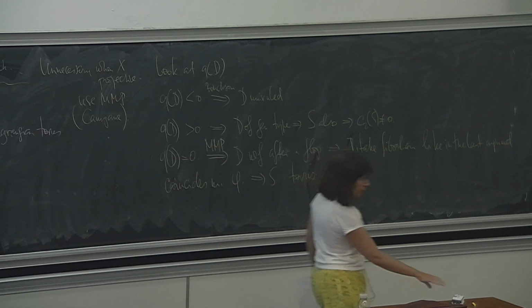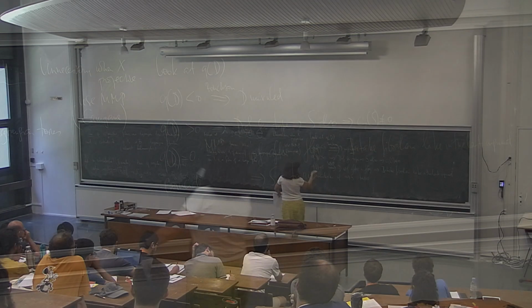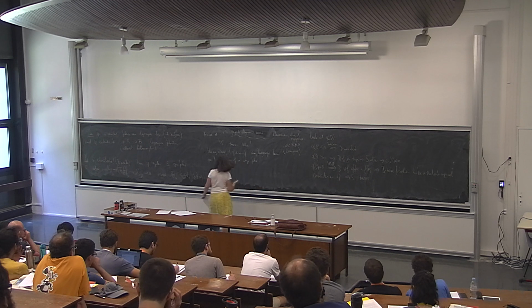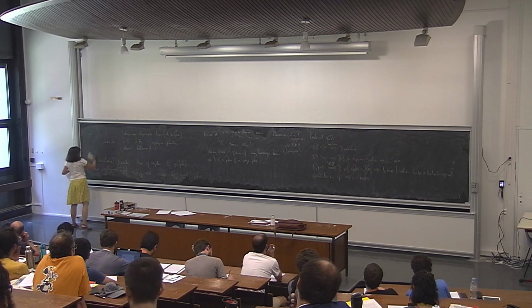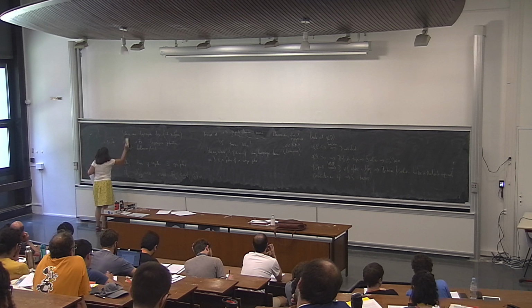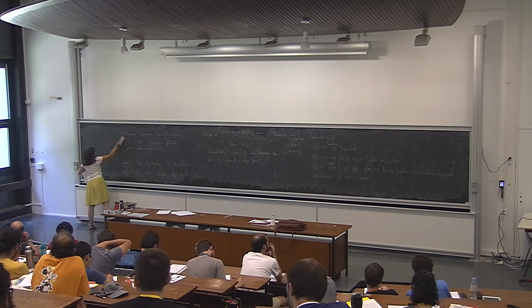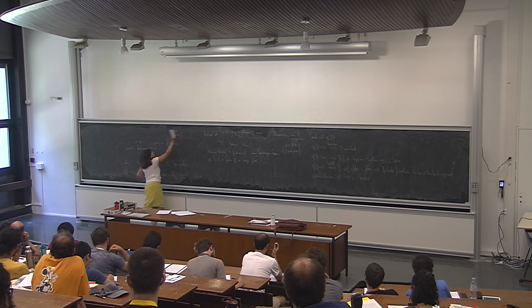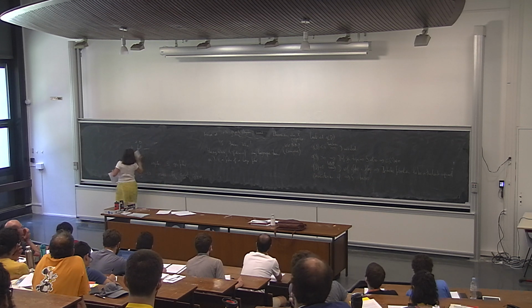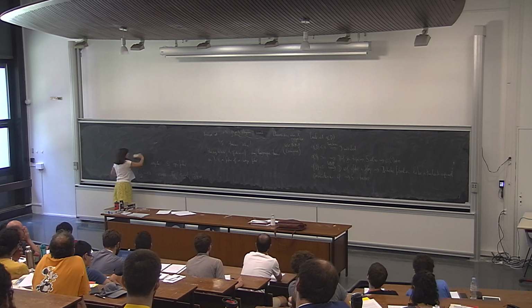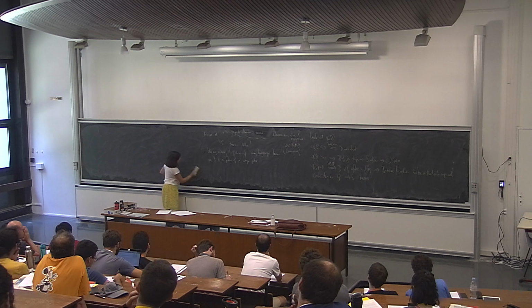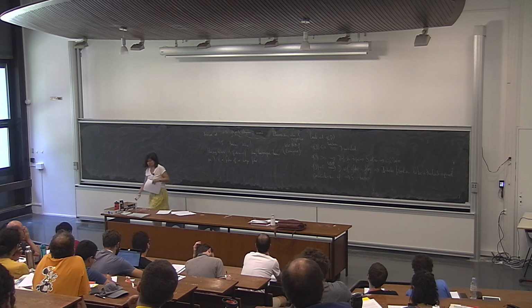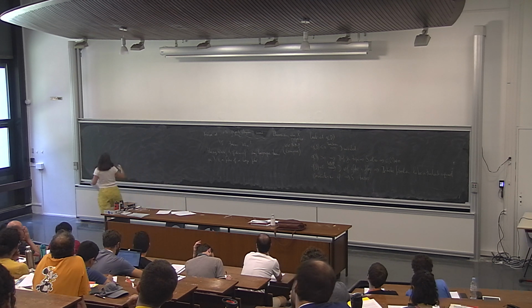What happens in general? Is it true that you have this kind of trichotomy? Well, for X projective, maybe it would be too bold to hope to prove this for any X. So question.